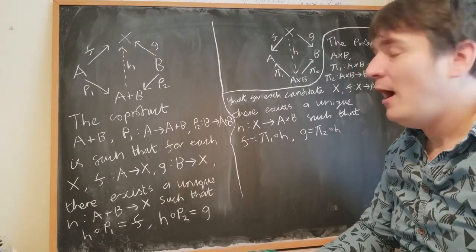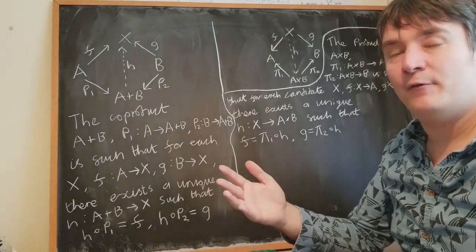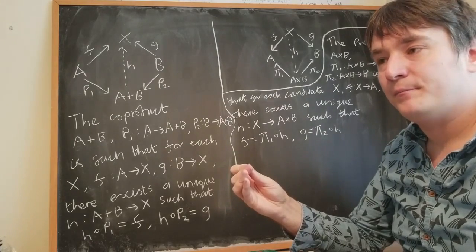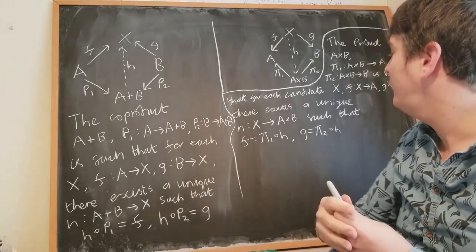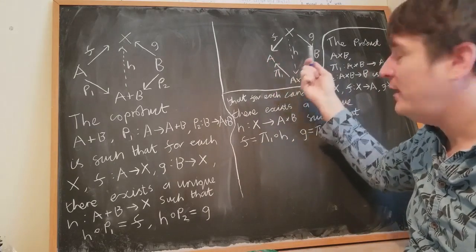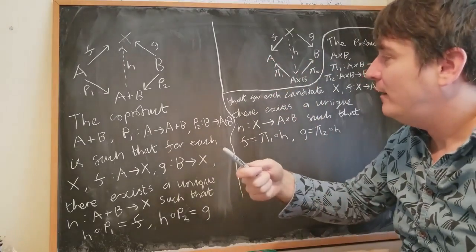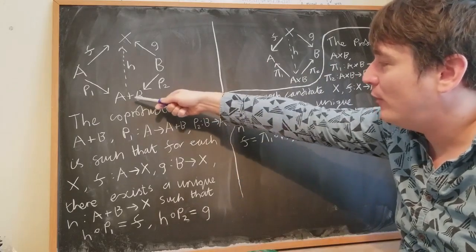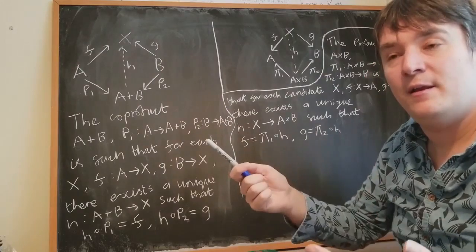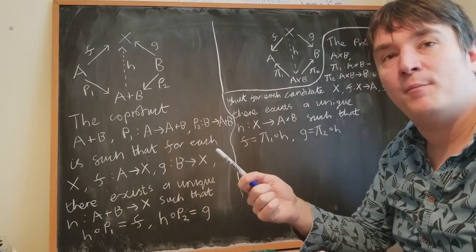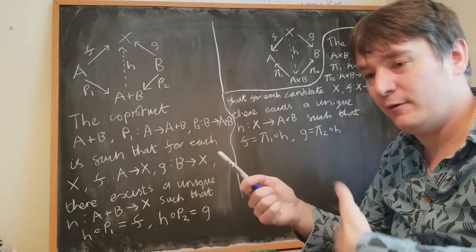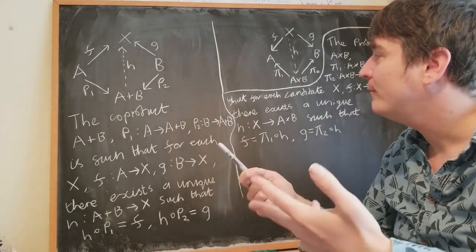So hopefully you can convince yourself that if something is the product of a pair of objects within a category C, then it's going to be the coproduct of those objects within the category C op that we obtain by reversing all the directions of the arrows in the category.